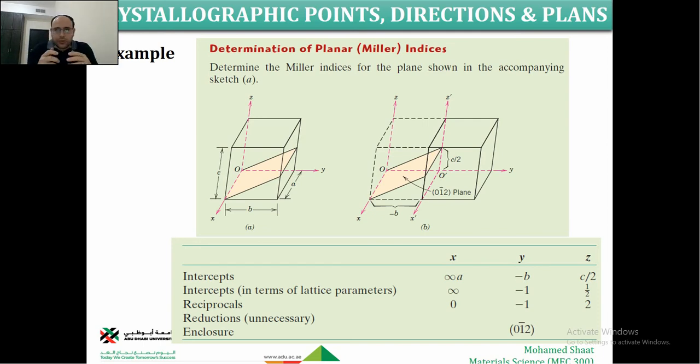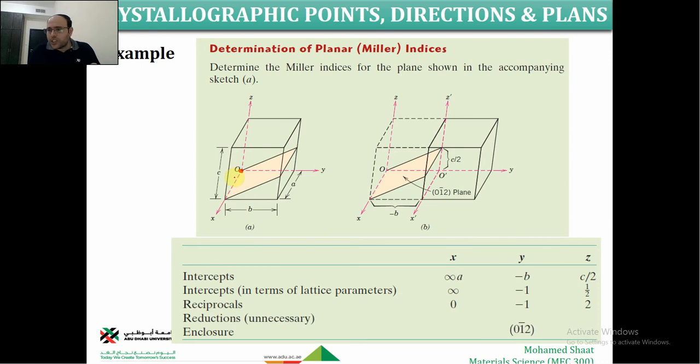This is what it means to determine the Miller indices for a crystallographic plane. This is a virtual plane joined inside this unit cell, and to give it a name, you need to specify the indices for this plane, as we did for the points and the directions. As you can see, this plane intersects with the origin.